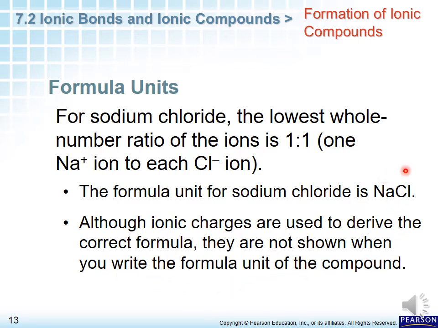See this, there is no charge, because positive one and negative one cancel, so there is no need to write anything. They have to cancel because an ionic compound must be, what is it? Yes, neutral.